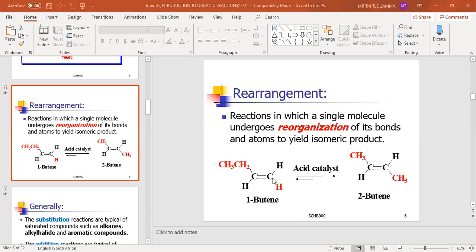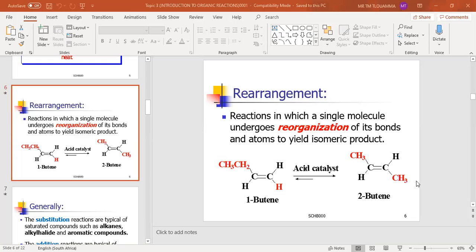So even if our CH3 CH2 was this side, we're going to have the rearrangement of CH3 come this side, regardless of the positioning of your branches.